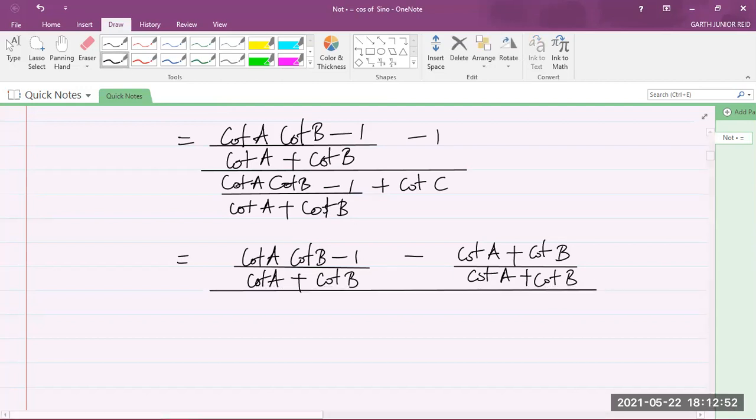Okay, good, much better. So in the denominator now, I'm going to take cot A plus cot B as my LCM.